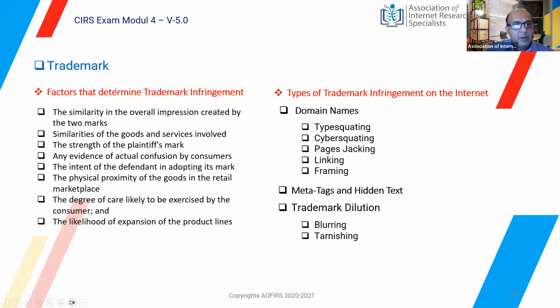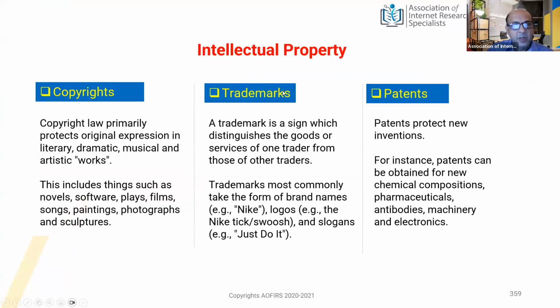Then we will talk about trademark infringements. Let's look at the trademark definition. A trademark is a sign which distinguishes the goods or services of one trader from those of other traders. So it is a branding sort of thing which defines the quality of the product or identifies with the actual manufacturer or someone who has produced it under a label of some kind.